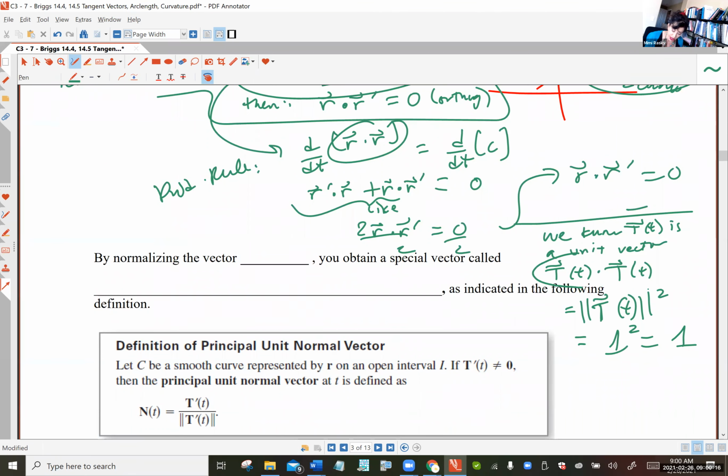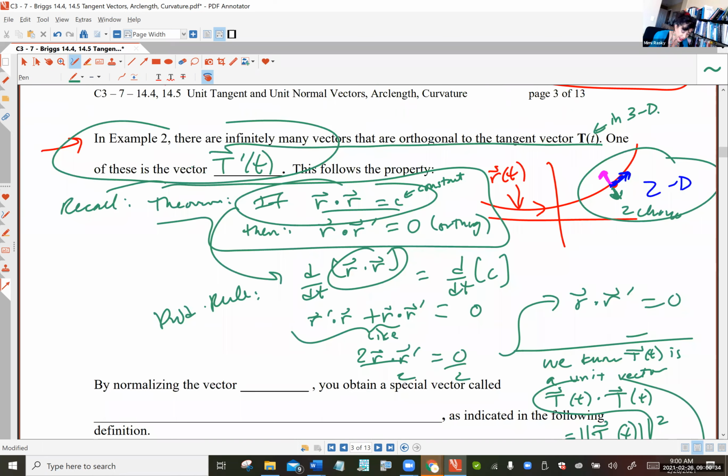So we just showed that the dot product of this vector valued function T with itself is 1. Therefore, it's got to be true that T dot T prime will be equal to 0. So that's why we can say that T prime is definitely going to be orthogonal to T.